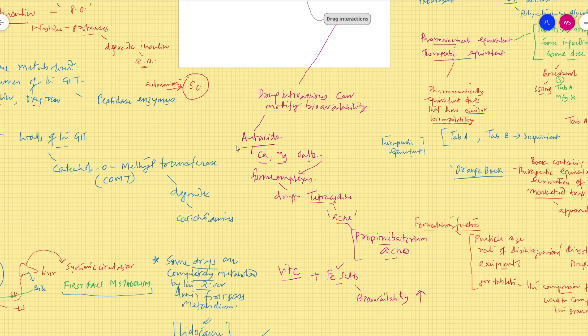So there are positive drug interactions. This is an example of a negative one, and there is a positive drug interaction where there is increased bioavailability of iron salts when concurrently administered with vitamin C. But the point is, drug interactions can modify bioavailability, and it can be in a positive or a negative aspect. All right? Those are examples of drug interactions which can modify bioavailability.